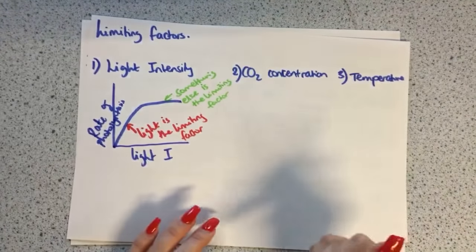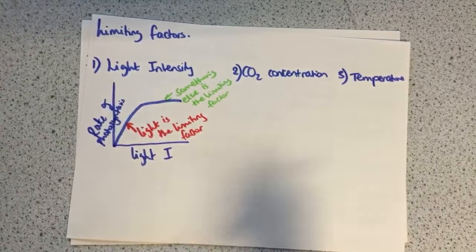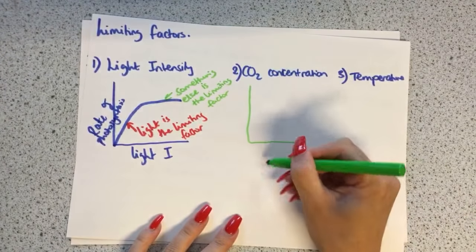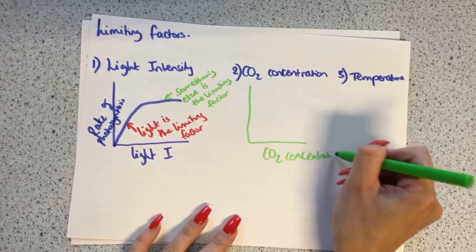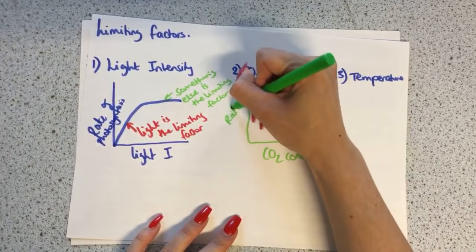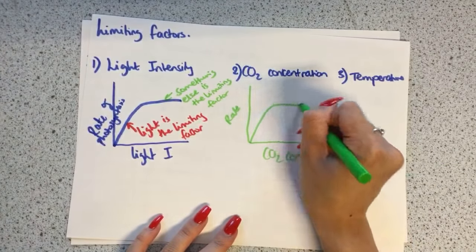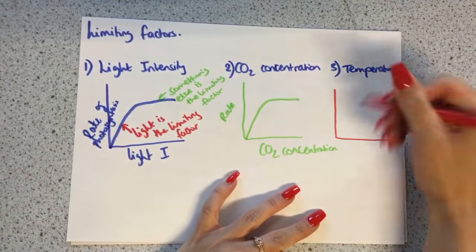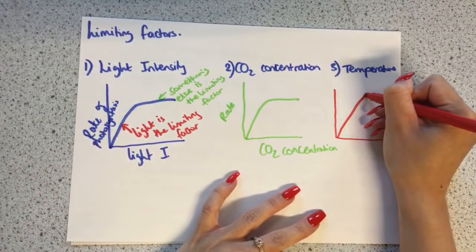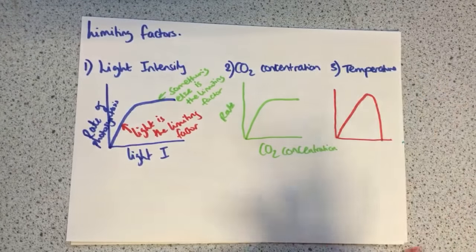Okay, and remember the CO2 graph is exactly the same, apart from you would put CO2 at the bottom, same rate up the side, exactly the same with exactly the same answers, but where you put light here, you would change your answer to carbon dioxide. The temperature is slightly different. So it comes to a peak and then decreases.